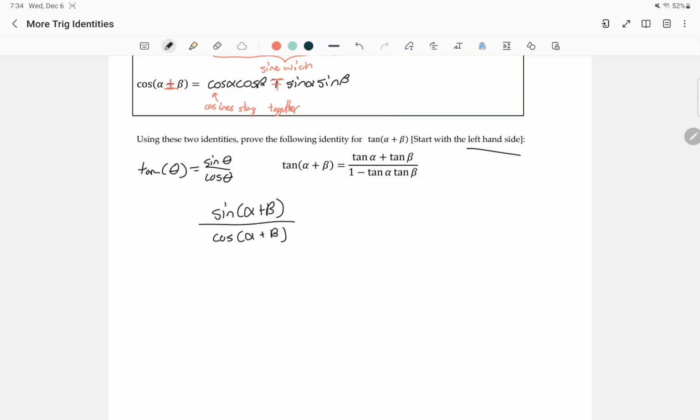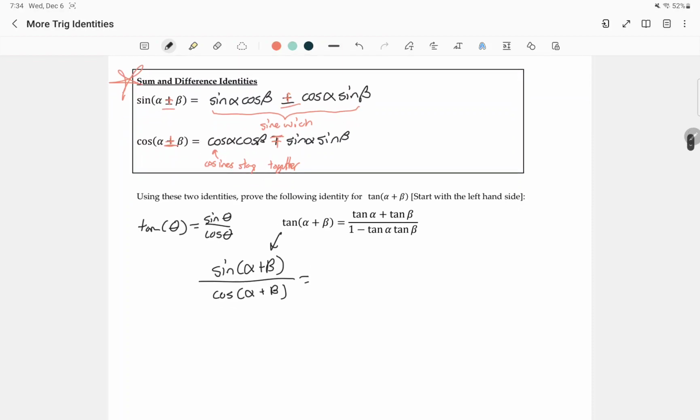And remember it tells us to start with the left-hand side, so I'm starting with the left-hand side. Moving on, if we use our formulas that we just learned, we're going to get sine alpha cosine beta plus cosine alpha sine beta.